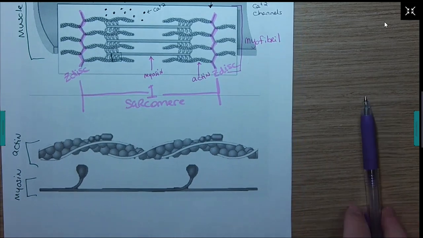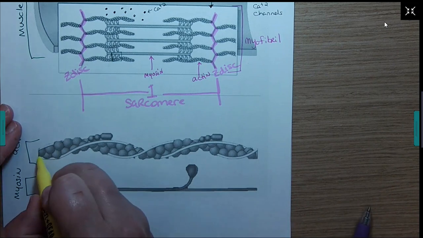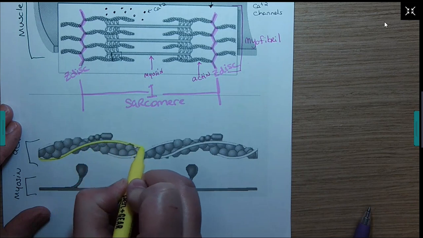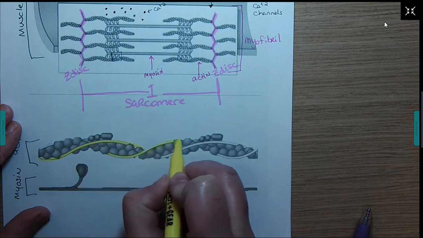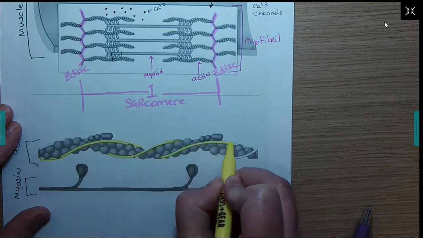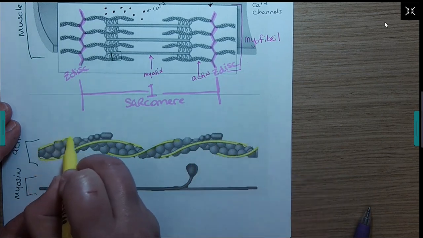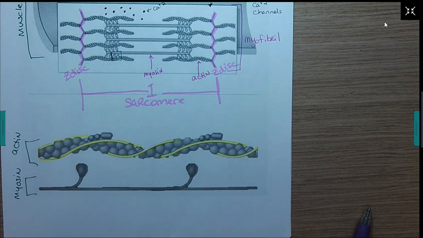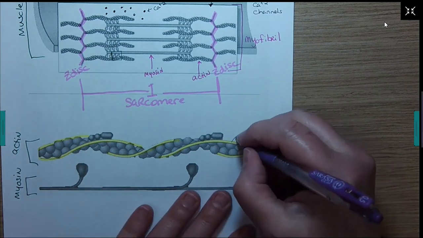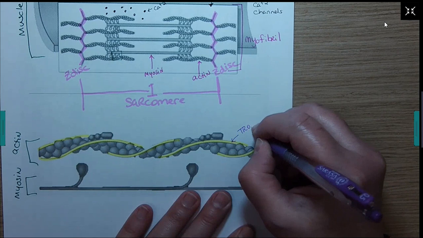And remember, actin is made up of three structures. You can't really see it very well, but here's one right here. These little rope-like structures, I think there's one right here too, it's kind of hard to see, are called tropomyosin.